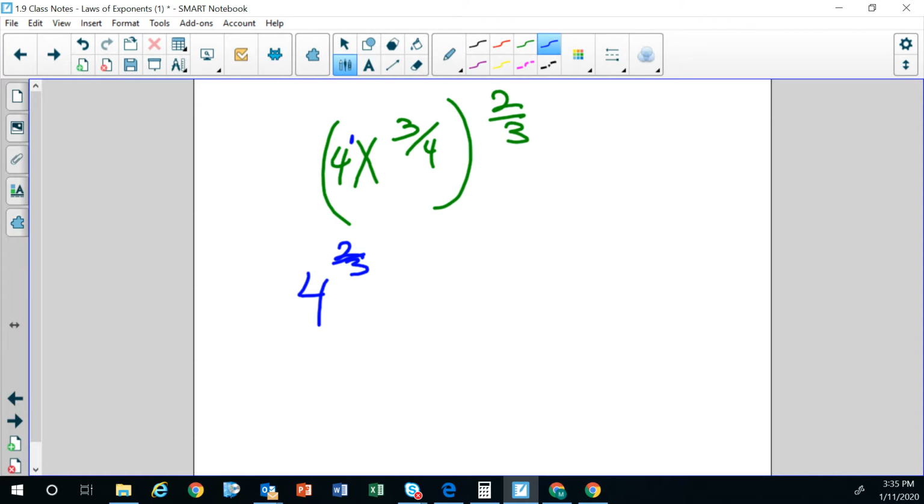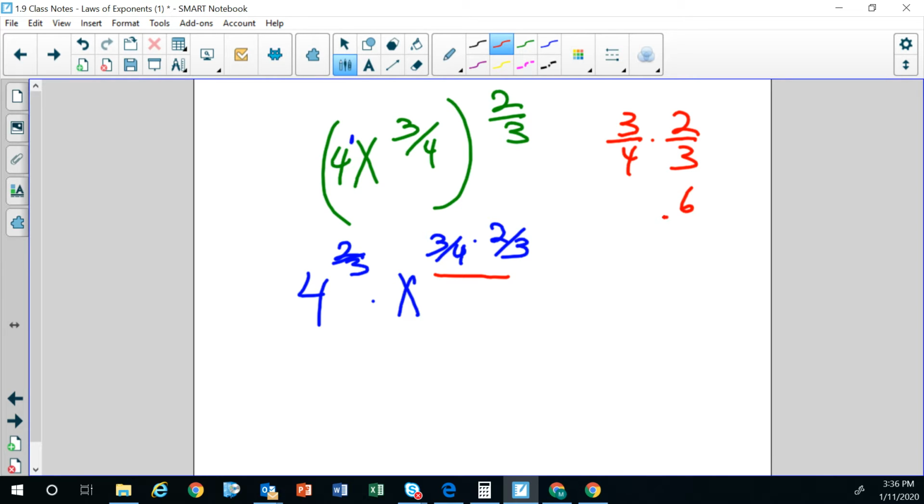2/3 times x to the 3/4 times 2/3. Okay, so let's solve this. 3/4 times 2/3 is 6 over 12, which is the same as 1/2.